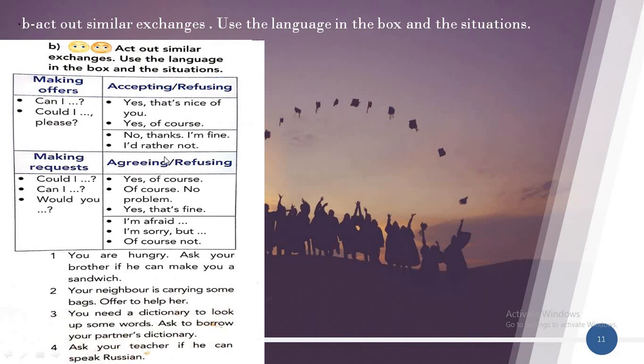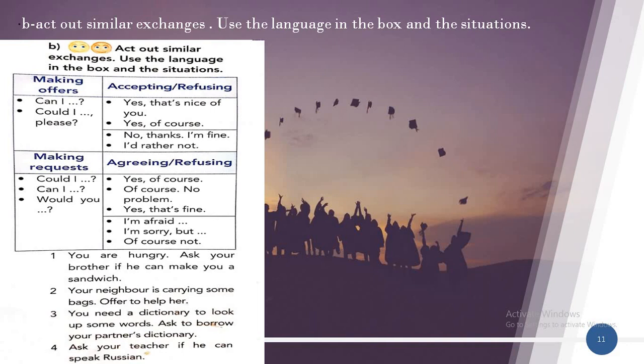So, if you agree, you have 3 expressions in the table to use. You say, yes, of course, or of course, no problem, or yes, that's fine. If you are refusing, you say, I'm afraid, and you finish the sentence.